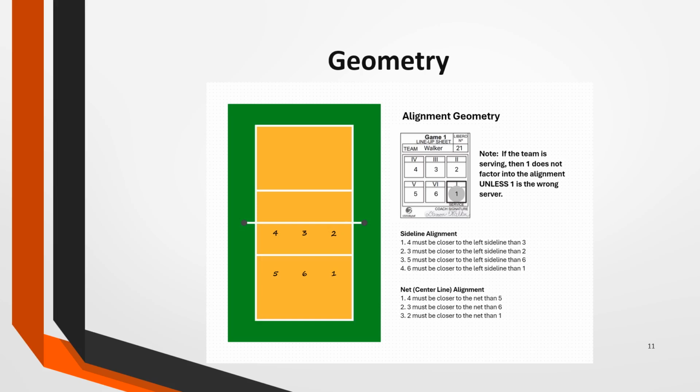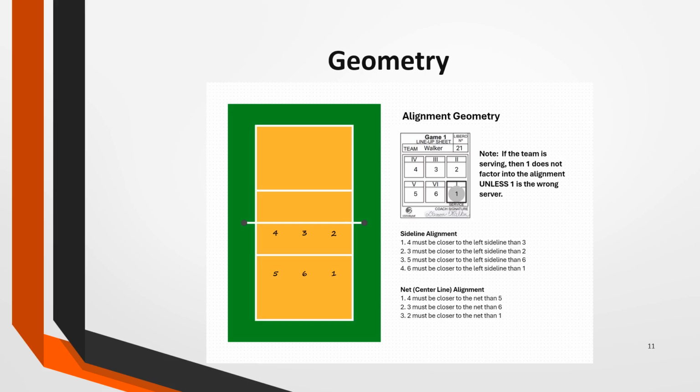I like to just think of it as the left sideline and the net. It's easier to think of the net than it is the center line for most people. So basically, we have two schools of alignment here. We have the alignment with respect to the left sideline. We have alignment with respect to the net or the center line. So it's pretty simple.